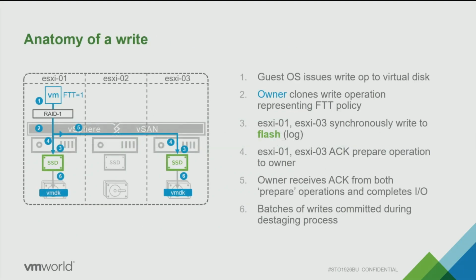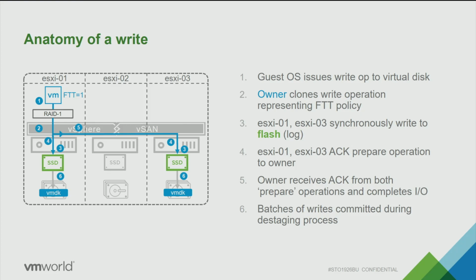So the I/O path. Let's talk about writes first. The writes come from the guest. The operating system issues a write, and that's going to go through your vSCSI stack, through your HBAs, and it's going to come into the host locally, and that host itself, where that VM is, is going to negotiate how to split, mirror or erasure code that write. In this case, we're doing simple mirroring, and it's going to send those writes out synchronously to both of those hosts, and it's going to go to the cache tier.